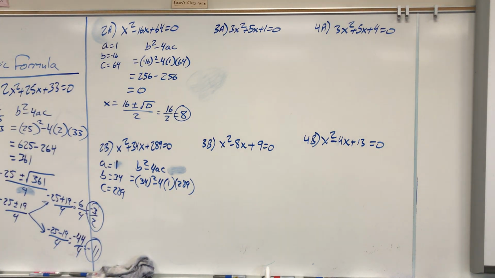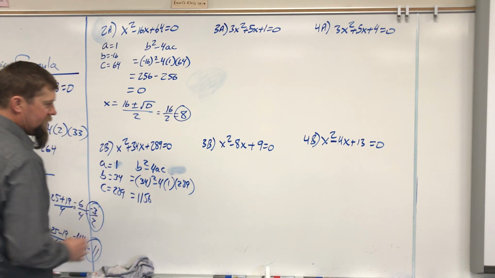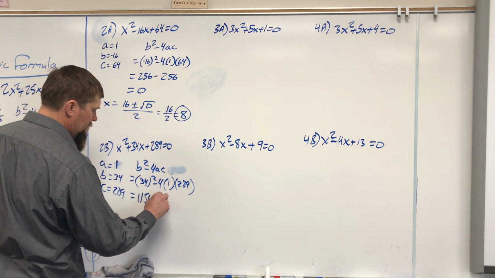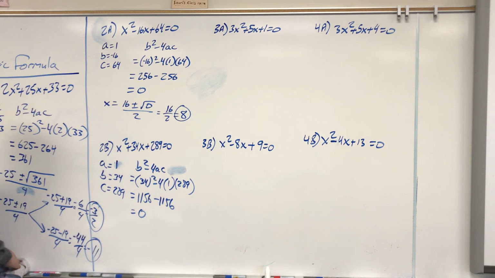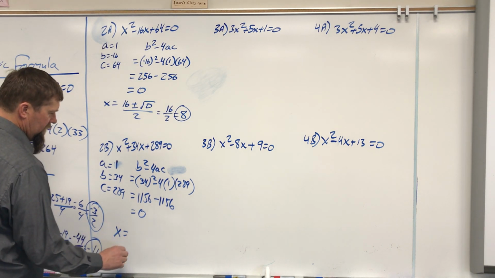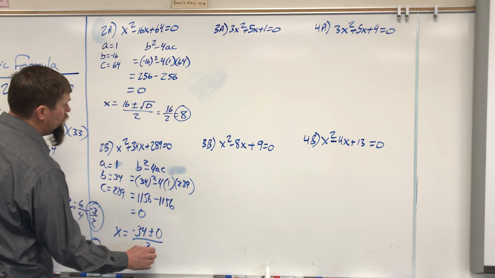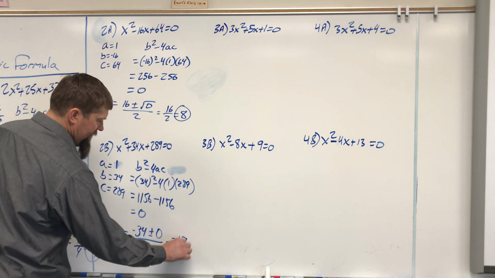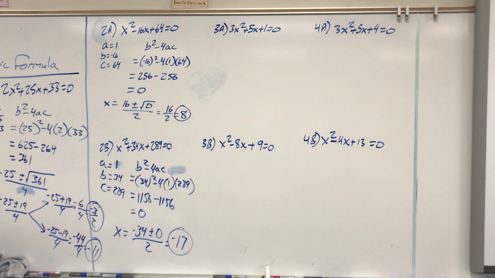If you look at this, you have 34 squared, which is 1156. 4 times 289 is also 1156, which is 0. Again, the discriminant is 0, so therefore you have x equals negative 34 plus or minus 0 over 2, which is negative 17. So you have one solution, and it's negative 17.